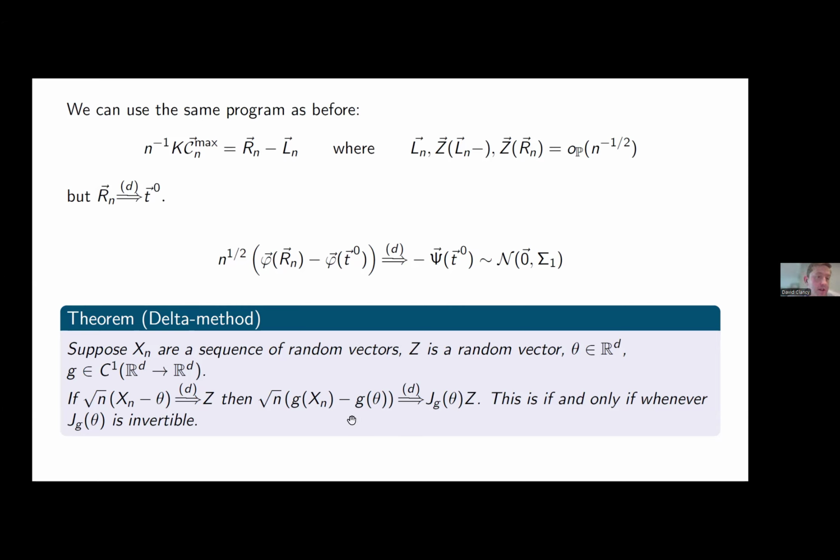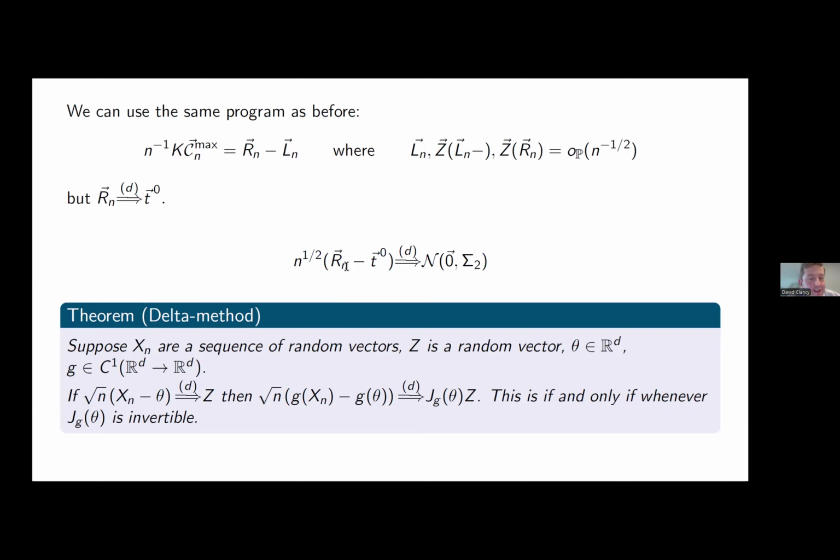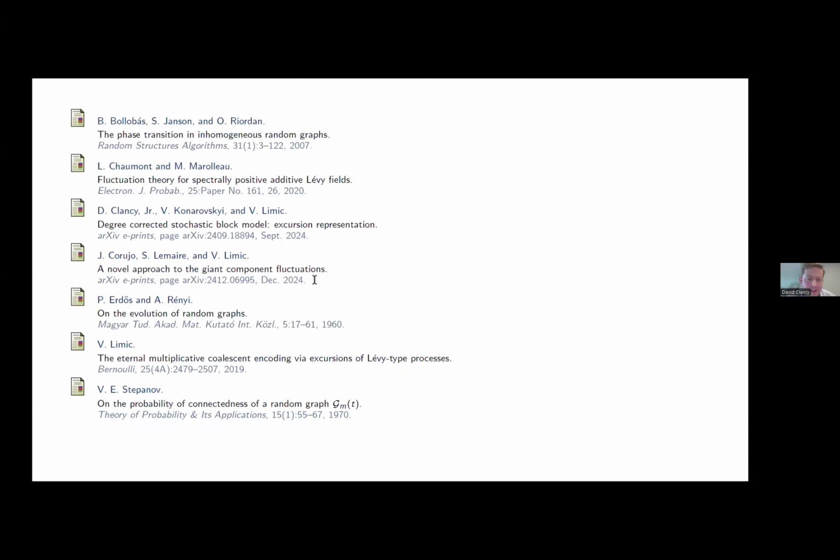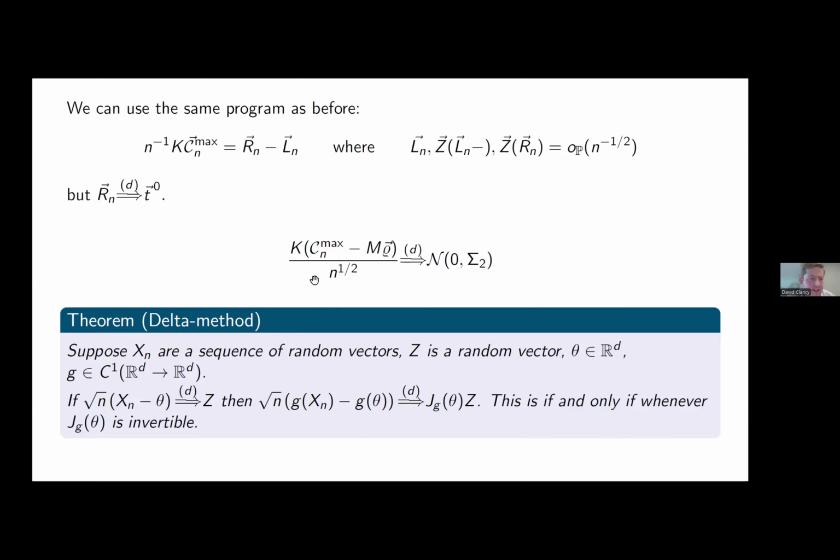And that allows us to get a scaling limit for R_n minus the limiting point t naught. And we can convert that, using the result of Vlada, Vitali and I, to a statement about the size of the largest component. And sorry for speeding through the end, but I can stay around for questions if there are any.